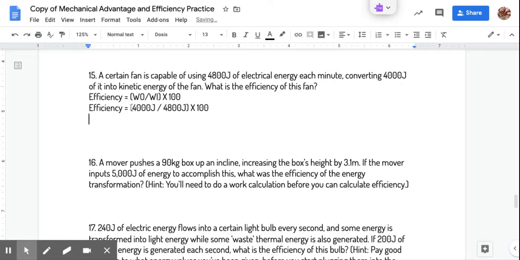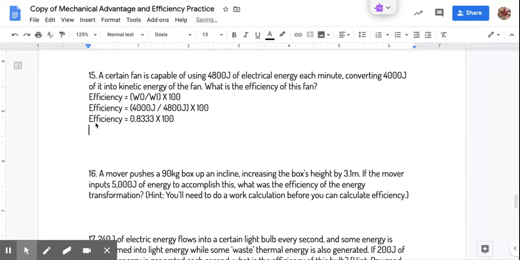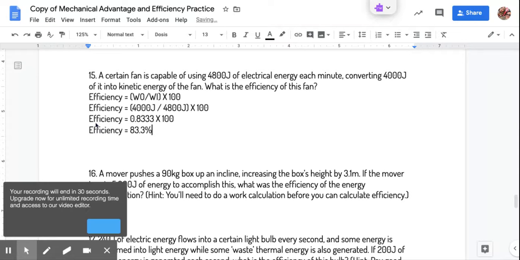If we divide this part out, 4,000 divided by 4,800, we get 0.833 repeating or something like that, times 100. And then 0.833 times 100 is going to be 83.3%. And we can round to the nearest tenth.